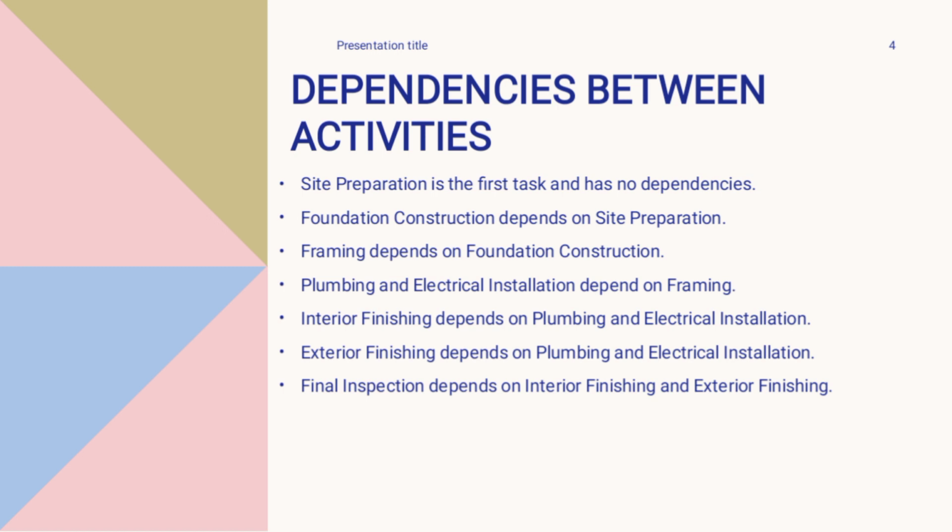Plumbing and electrical installation depend on framing. Interior finishing depends on plumbing and electrical installation. Exterior finishing depends on plumbing and electrical installation. Final inspection depends on interior and exterior finishing. So we have identified how each activity depends on the others.